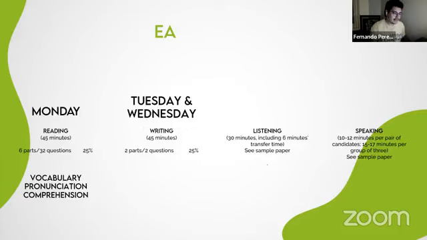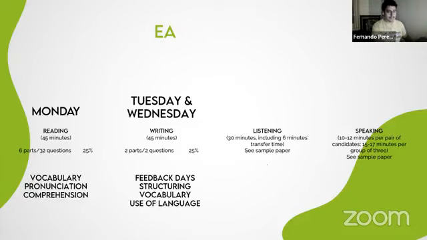Because this needs a lot of feedback. These are going to be the feedback days. You will be practicing structures. You will be practicing vocabulary and use of language. These are the days of new topics. This month we're going to have 4 new topics that we need to cover before the exam.